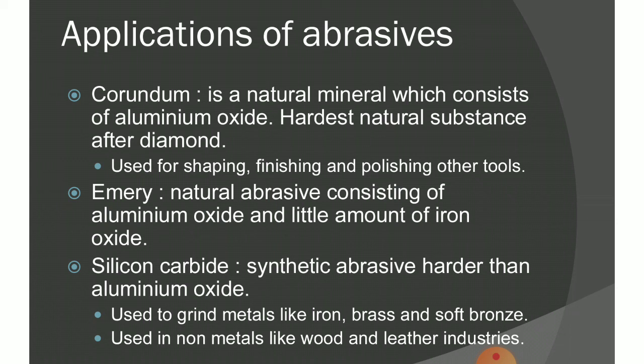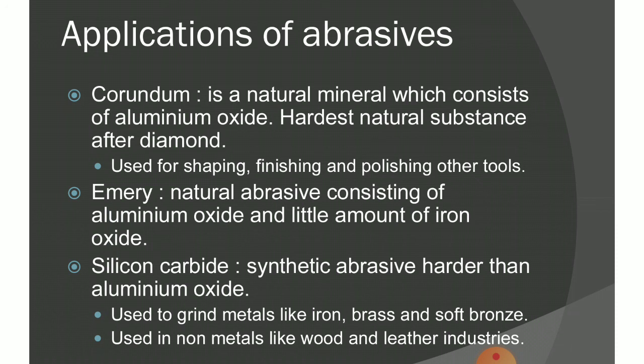Next one is the emery. Emery is the natural abrasive consisting of aluminum oxide and a little amount of iron oxide, right? Silicon carbide is the synthetic abrasive which is harder than aluminum oxide. It is generally used to grind metals like iron, brass, and soft bronze.